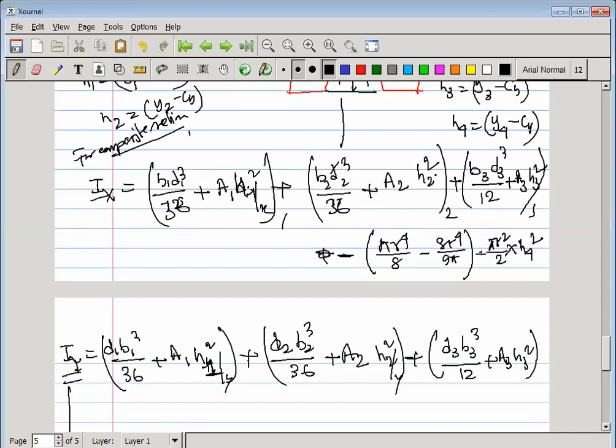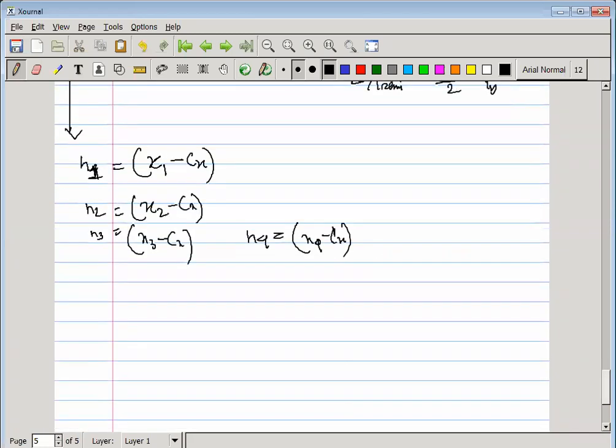Minus, in a similar manner, Iyy is I of y for the semicircle minus πr²/2 into h4y², where h4y is c4 minus cx.